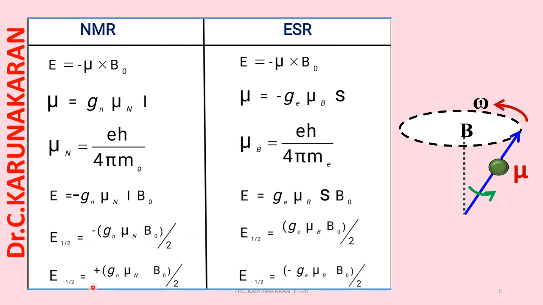As you see, the energy of the mI equal to 1 by 2 state is lower in energy, and the minus state is higher in energy, whereas in the case of ESR, it is reversed. The energy of ms equal to 1 by 2 is higher in energy, whereas the energy of ms equal to minus 1 by 2 is lower in energy because of the negative value.